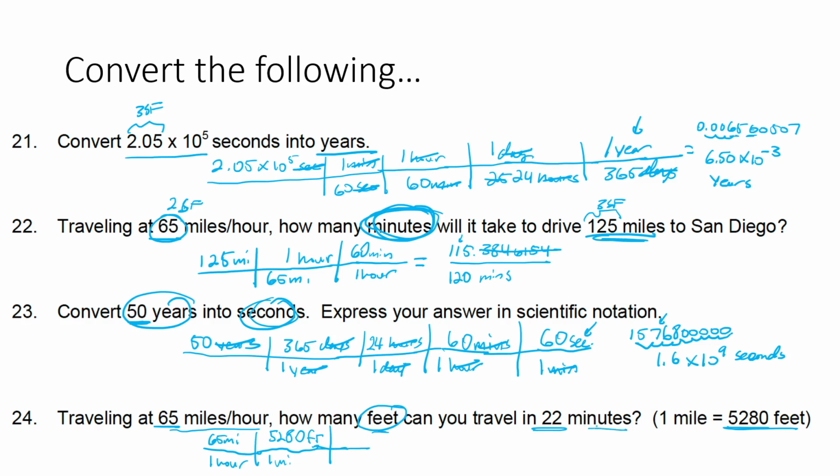Remember, we're trying to get to minutes here, and we don't have minutes yet. How are we going to get to minutes? We have to change the hour. So for every 1 hour, there are 60 minutes. So good, we're in the minutes unit now. So now we just have to answer the question, which is in 22 minutes, so that we can get to feet.